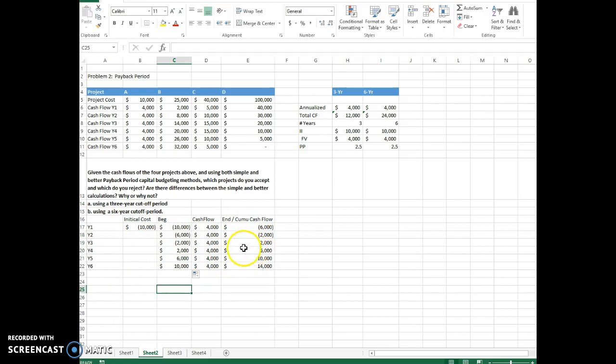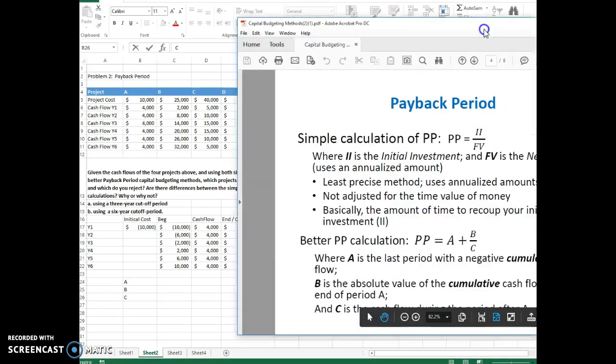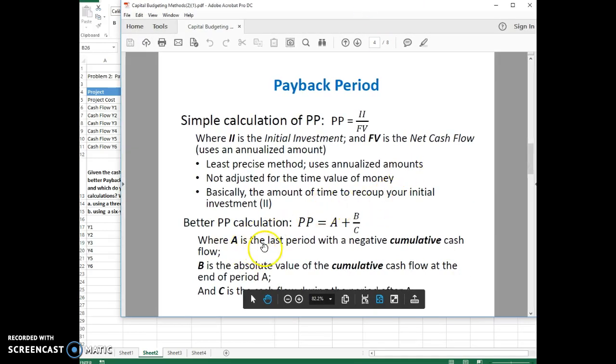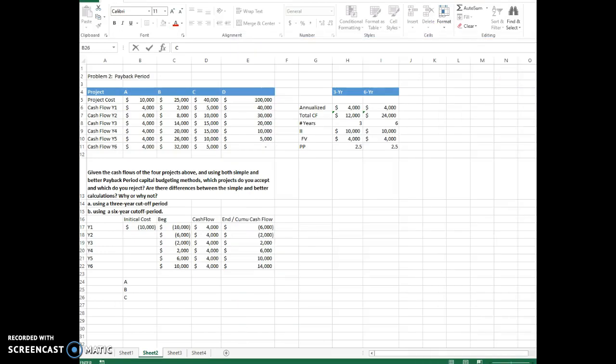So now we're looking for A, B, and C. And if you remember from the formula, A is the last period with a negative cumulative cash flow. In this particular instance, the last period with a negative cumulative cash flow is year 2.